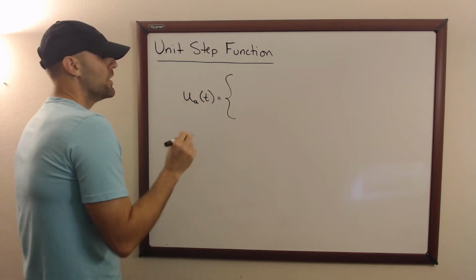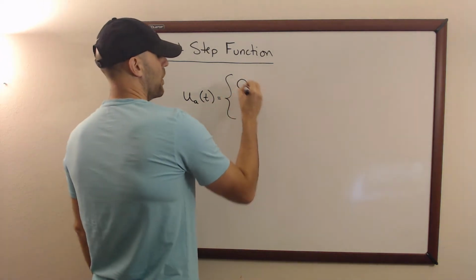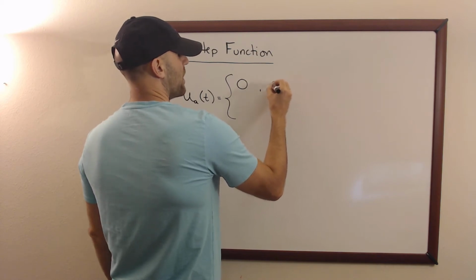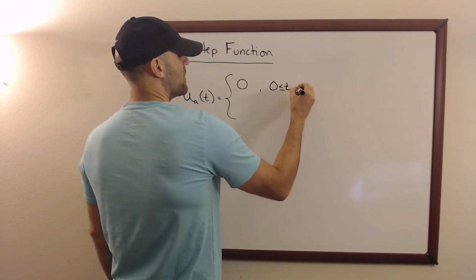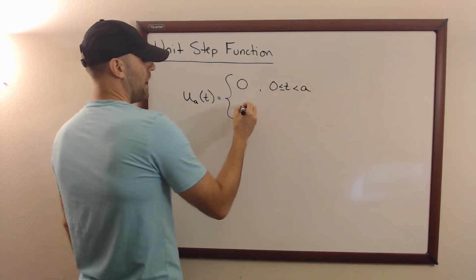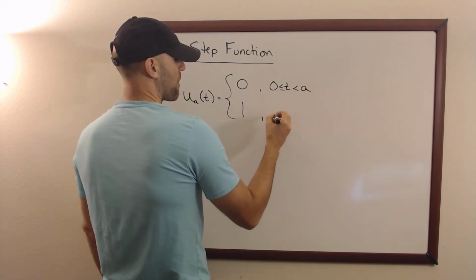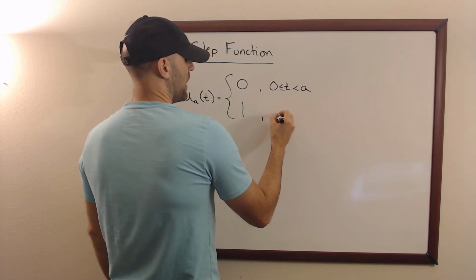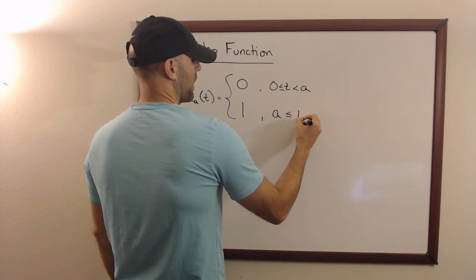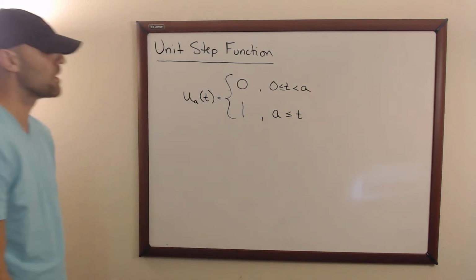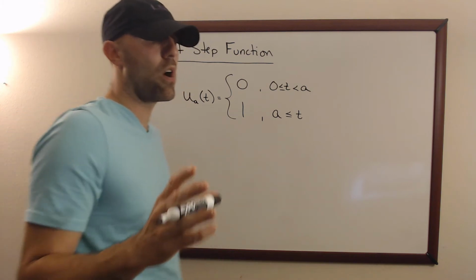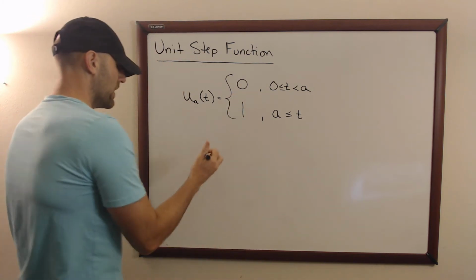This function is equal to 0 as long as t is somewhere between 0 and the value a, and then it's 1 as long as t is greater than or equal to a. That's it. So let me draw this and I'll explain what this actually does.